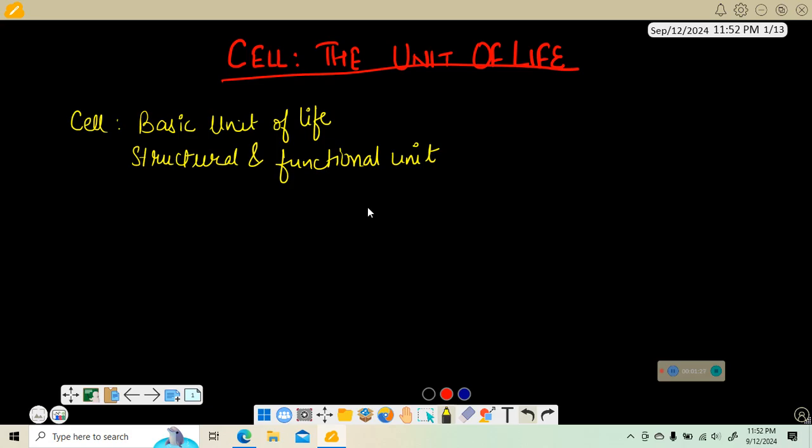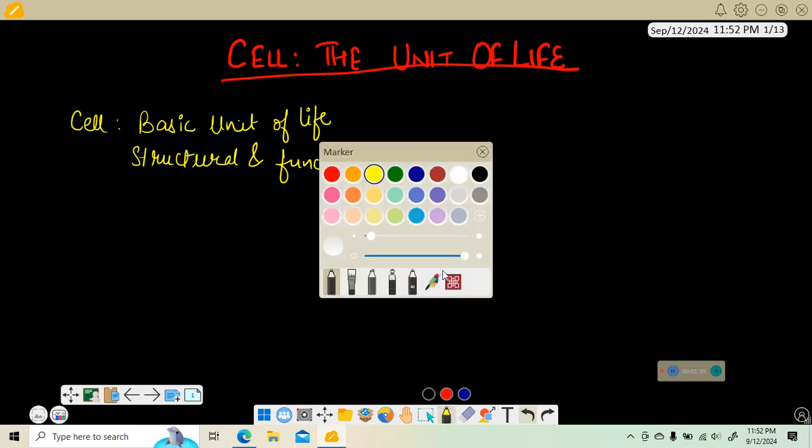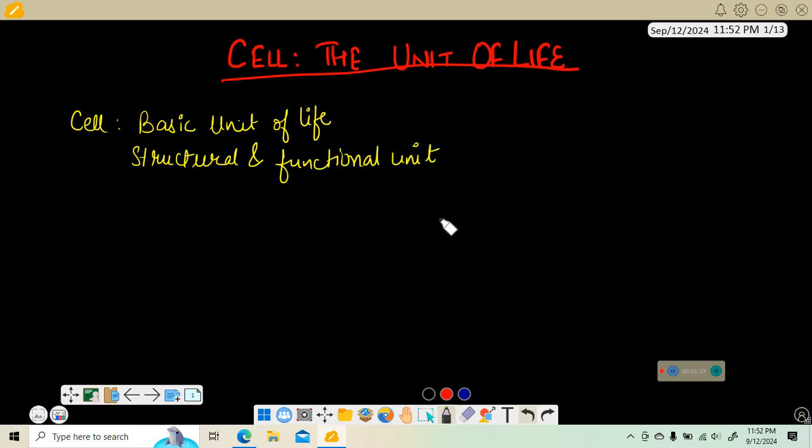Okay, then came cell theory. There was a scientist, a German botanist, Matthias Schleiden. So now I'll write some discoveries.